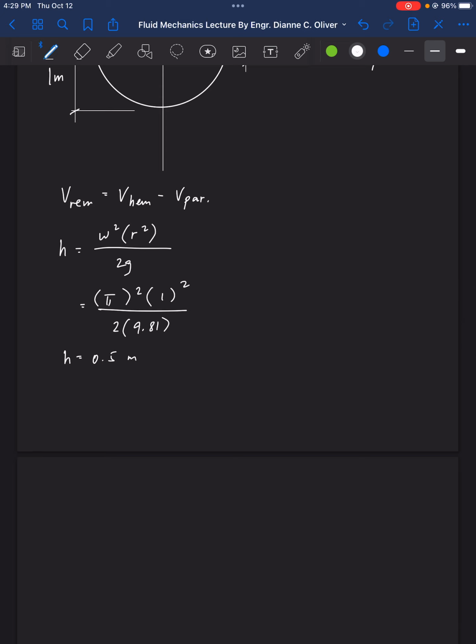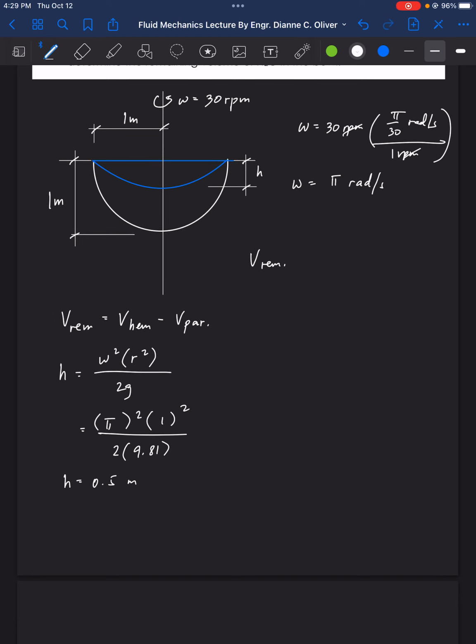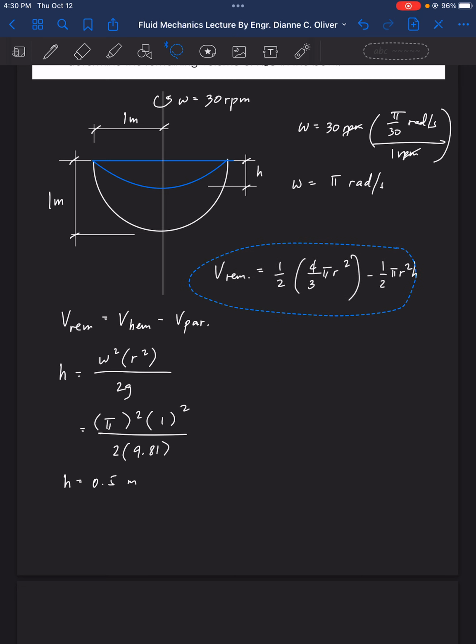So volume remained is equal to 2/3 pi r squared minus 1/2 pi r squared times the height.